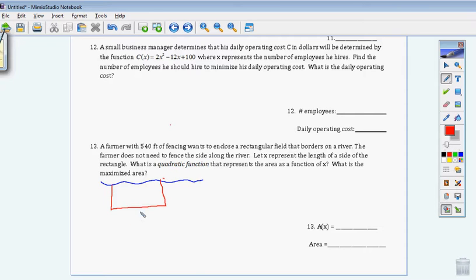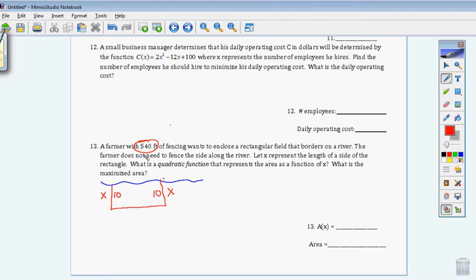Biggest thing we noticed on these is that there's three unknown sides, but if I put an X here, I can also put an X here because we know opposite sides of a rectangle are congruent. All right, so the farmer started with 540 feet of fencing. Just think about this a little bit. If I had a 10 here and a 10 here, that would be 20 feet of fencing.